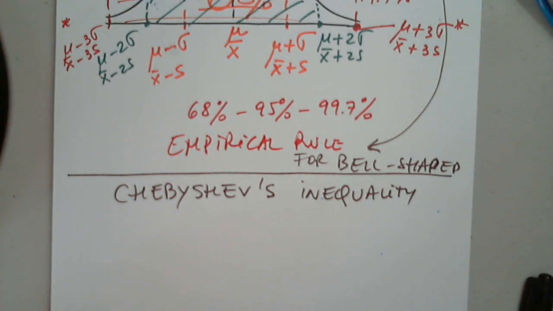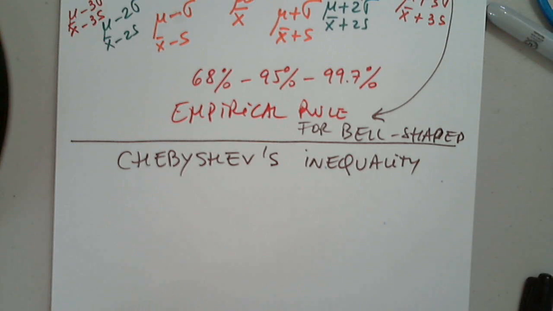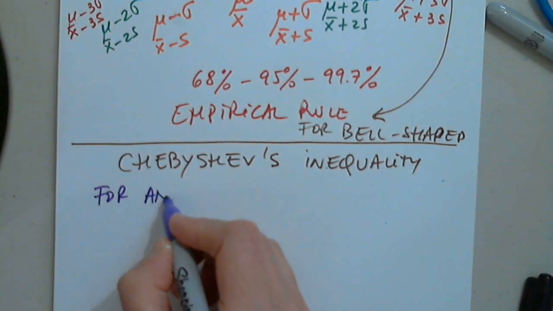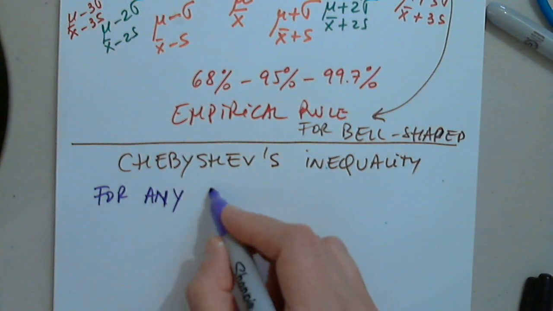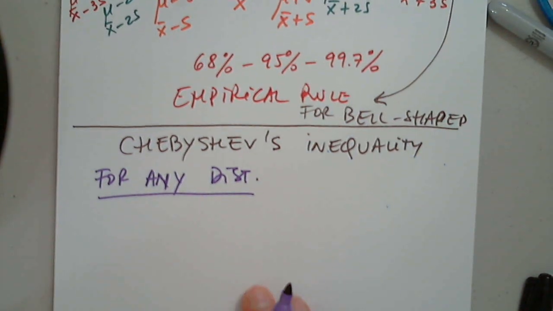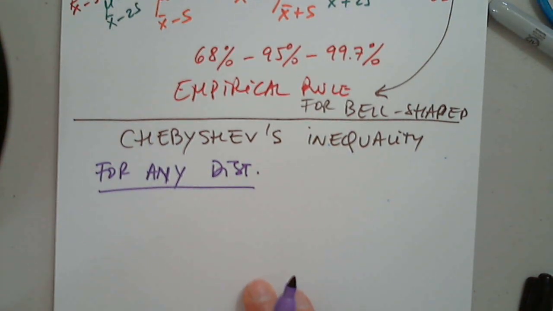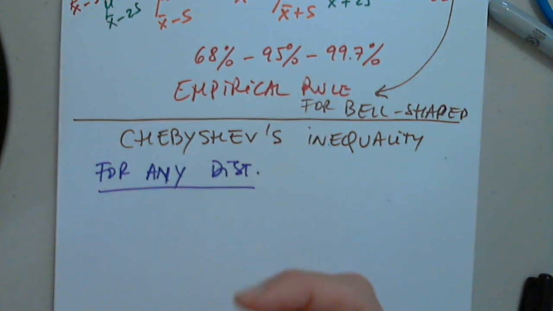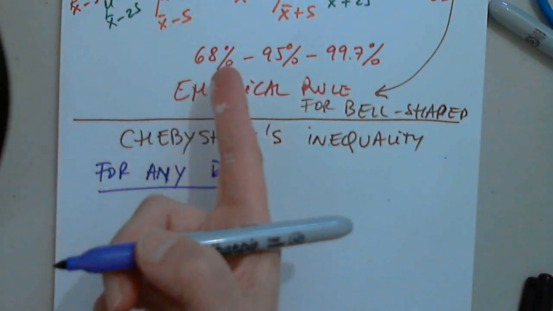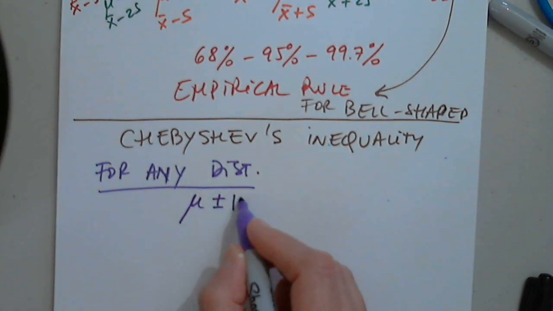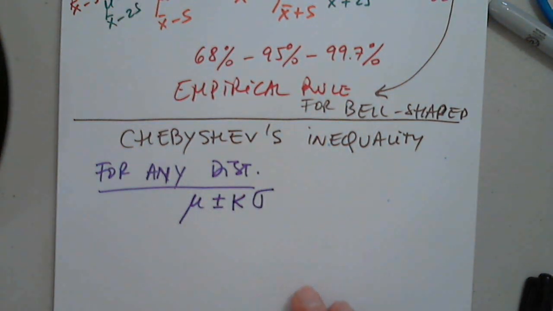He was so interested in all this, and he came up with the idea that for any distribution, and this is very powerful, bell-shaped or otherwise, we have, just like in the empirical rule where we said plus or minus, mu plus or minus k sigma.